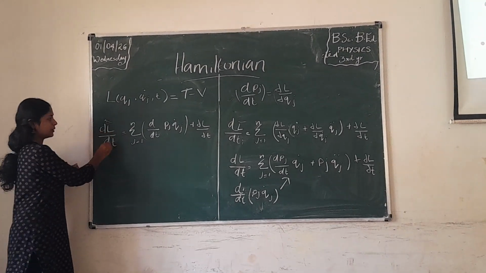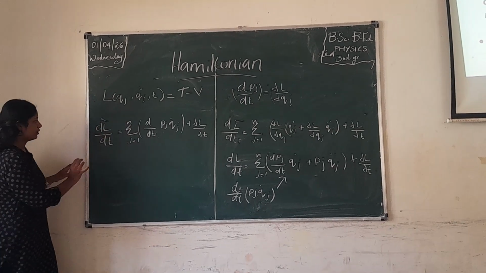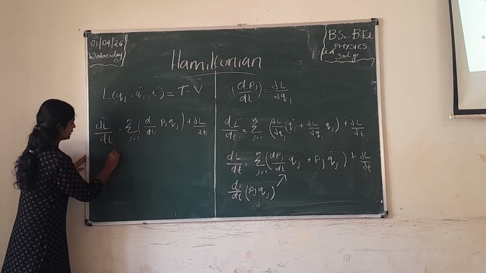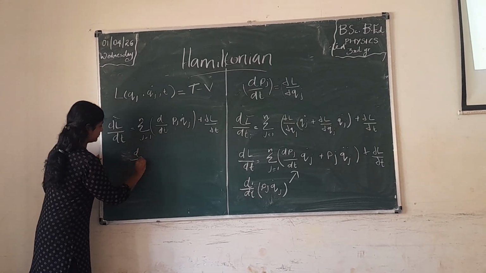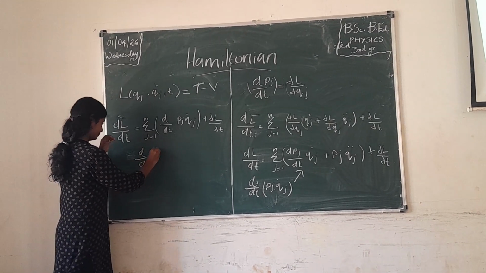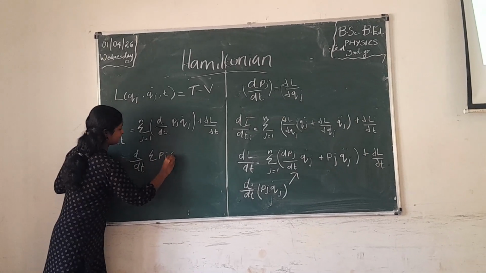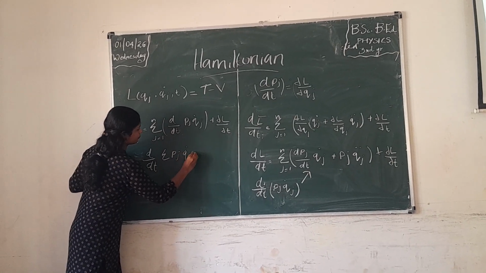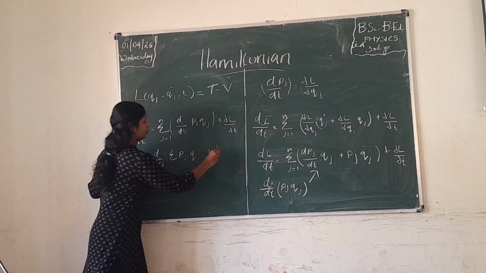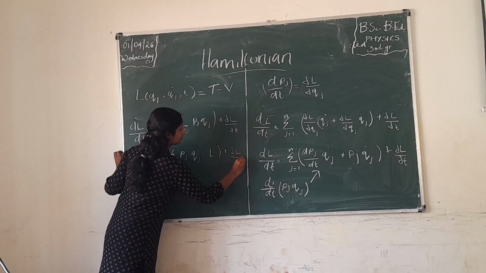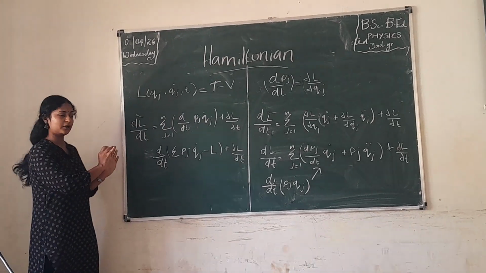Here also d by dt and here also d by dt, so we can combine the d by dt terms. We get d by dt of Pj qj dot minus L, equal to minus dou L by dou t. Any doubt up to here?